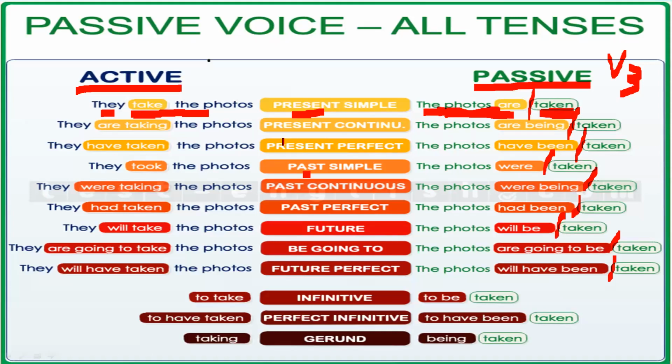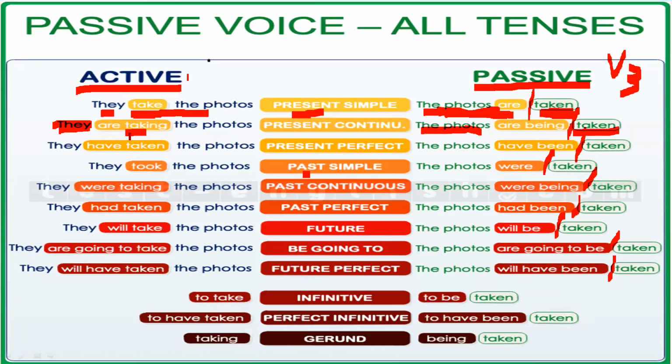Another example to clarify more, present continuous. The first step to convert an active voice to passive is to cancel the subject and start writing with the object, the photos, and directly take the main verb in the sentence and convert this main verb, whatever the form of this verb in the original sentence, to the V3 form, taken.